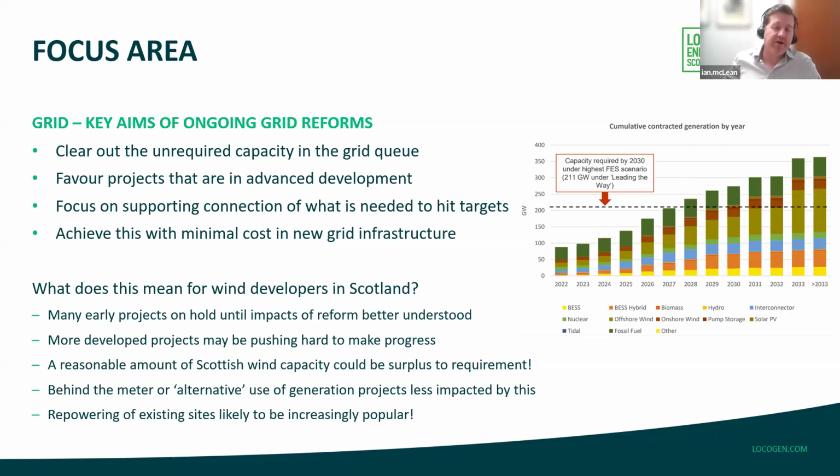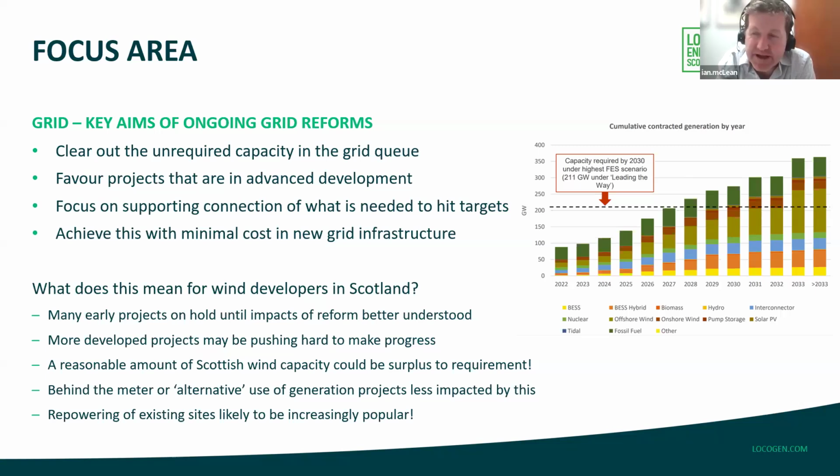But in a nutshell, the previous grid connection process meant it was too easy to apply for and secure grid capacity and then to sit on it and not really do too much. If projects requested capacity, then it was the grid operator's responsibility to provide a connection offer.